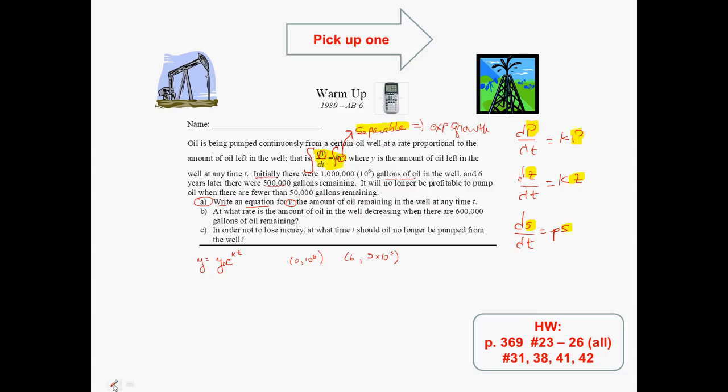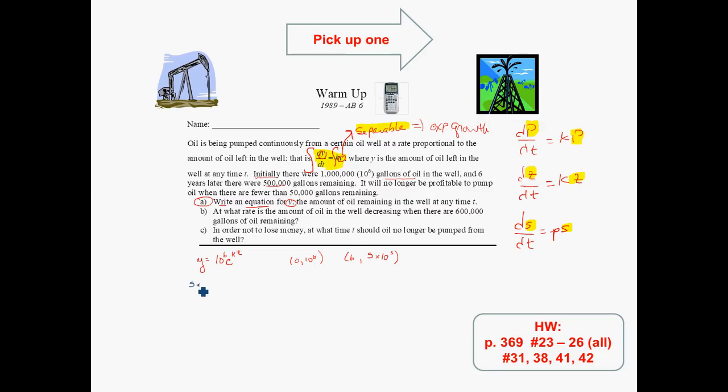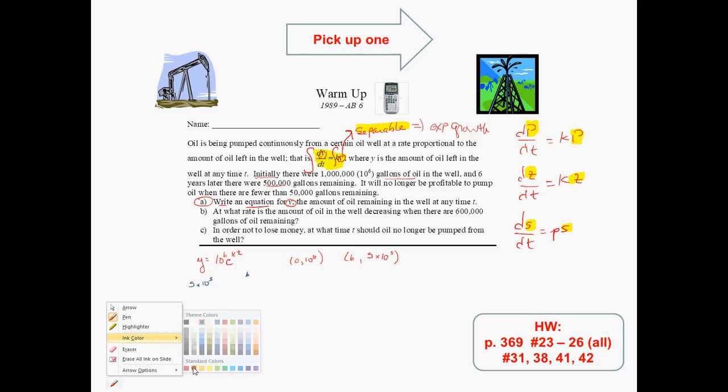I can immediately replace y sub 0 with 10 to the 6th, and now I can use my other point to solve for k.